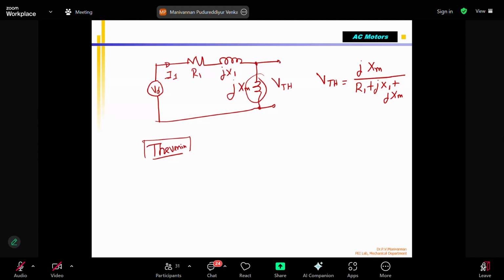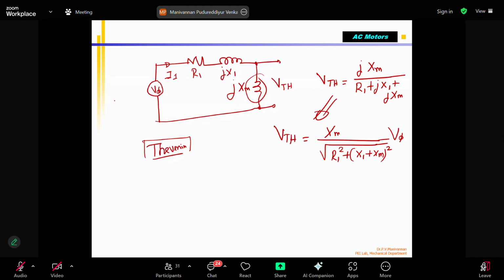Okay. So V Thevenin can be written like this: V Thevenin equals XM divided by the root of R1 squared plus (X1 plus XM) whole square, into V1, because V1 is the input voltage.